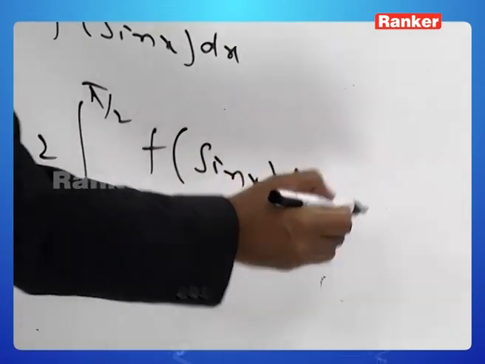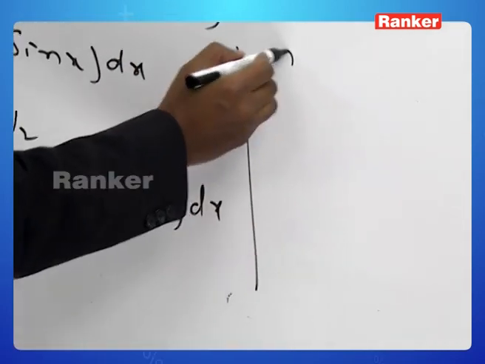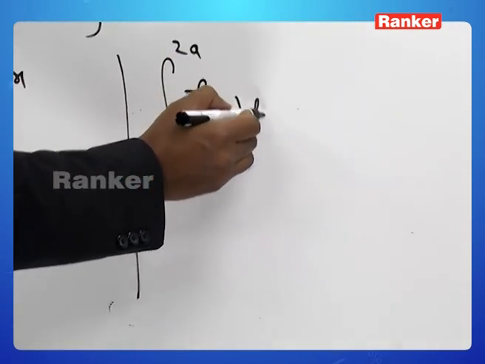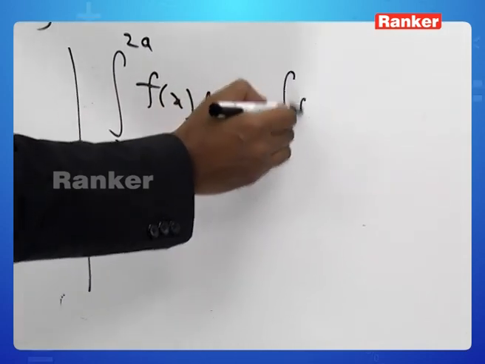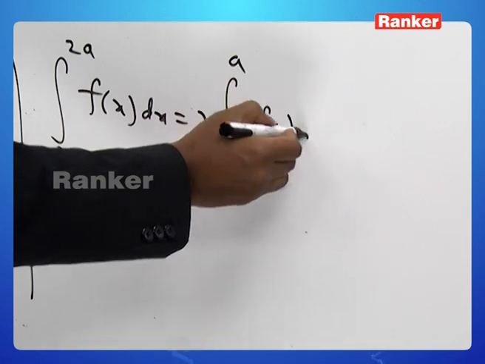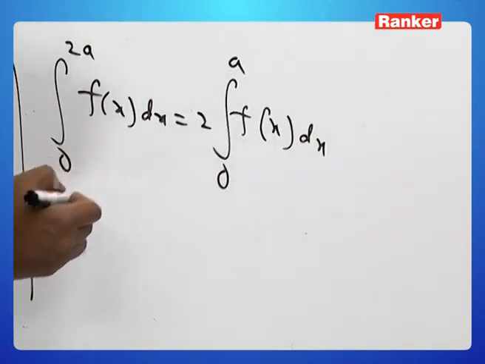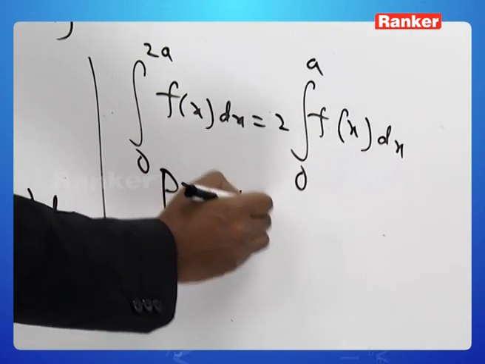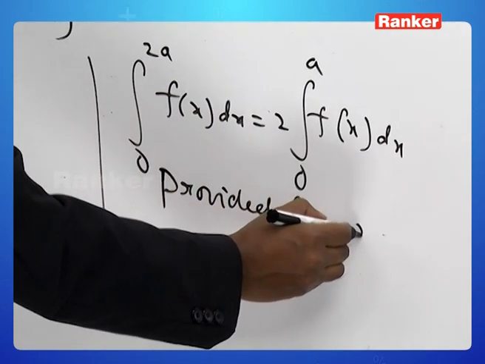What is the property that we made use of? We made use of this property: integral 0 to 2a of f of x dx is 2 times the integral from 0 to a of f of x dx, provided f of 2a minus x is equal to f of x.